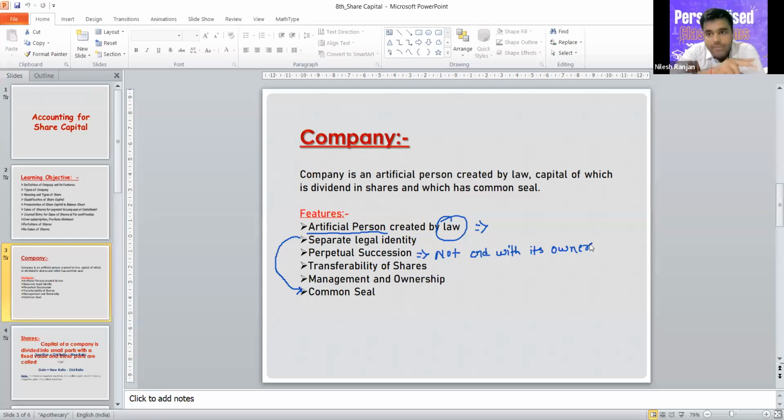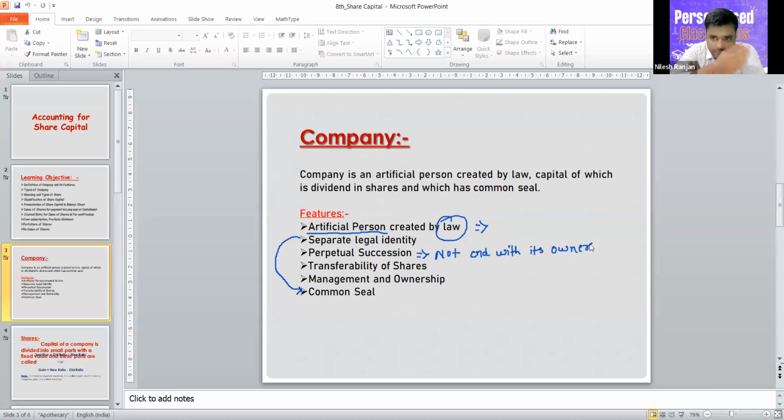In the same manner, partnership and proprietorship don't have any separate legal identity. For example, if I'm running a coaching institution and someone wants to file a case against me, it will not be against the coaching institute.